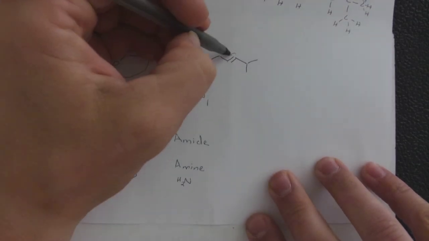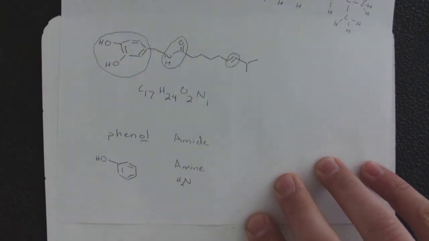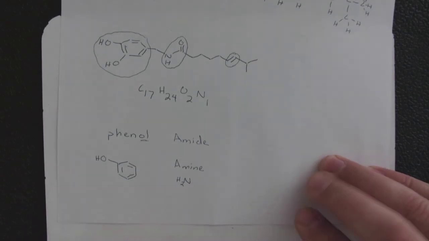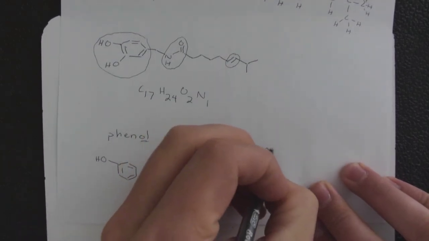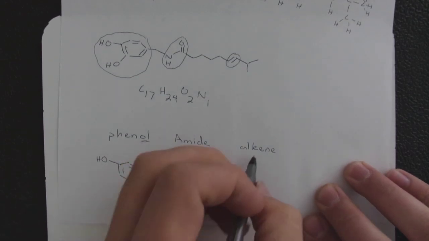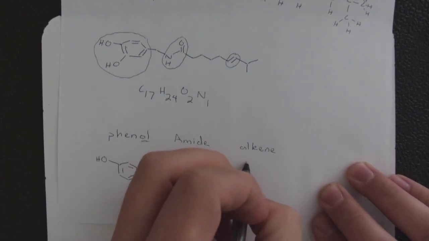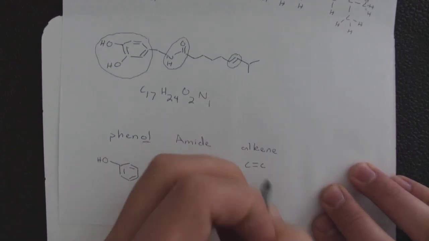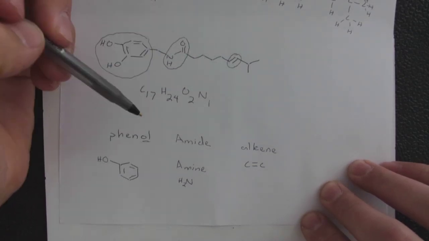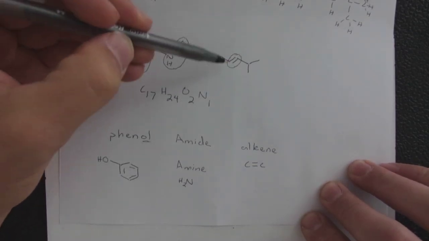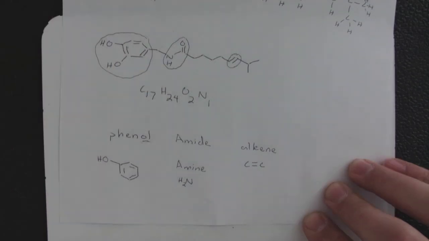Then we've got one functional group over here that we're going to want to know about as well. This is an alkene. Alkenes have a carbon-carbon double bond, okay? So this is an alkene where we've got a carbon-carbon double bond. All the rest of our carbons just have single bonds.